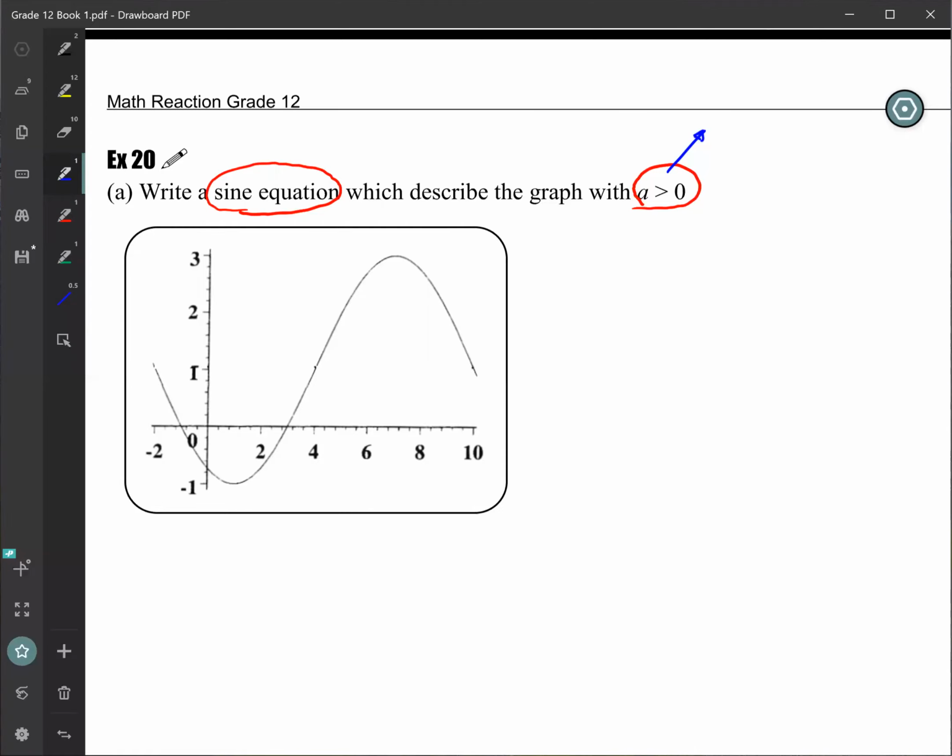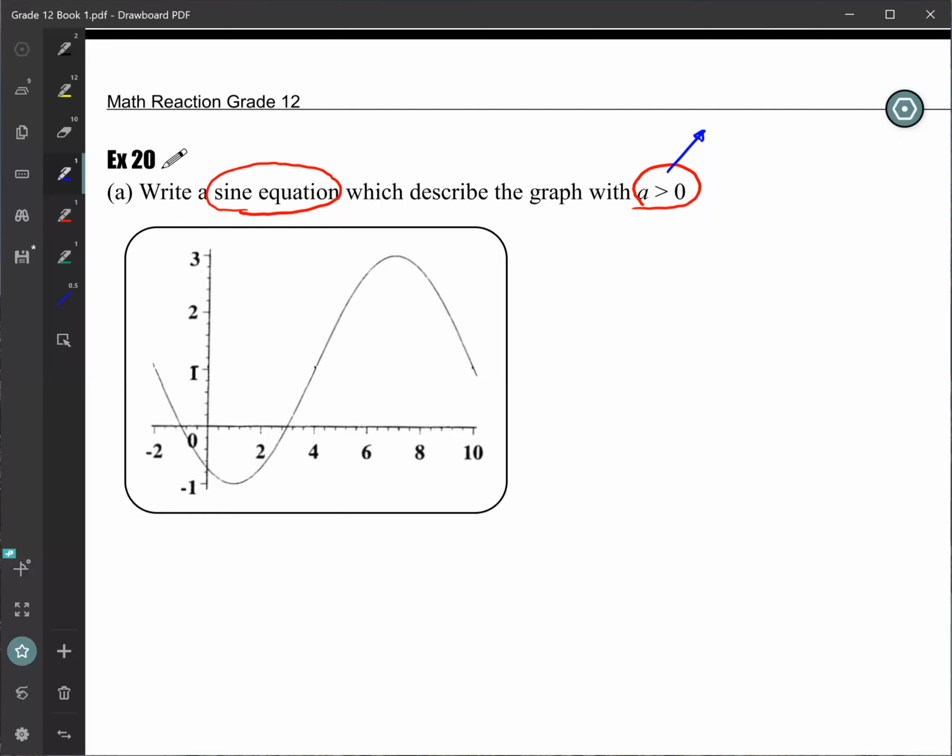Expanding or compressing. Expanding and compressing, close, not quite. Vertical. Yeah, it has to do with the vertical. Greater than 0 means it's positive, right? Less than 0 means it's negative. So what's the difference? Having an A positive and A negative, what's the biggest difference?